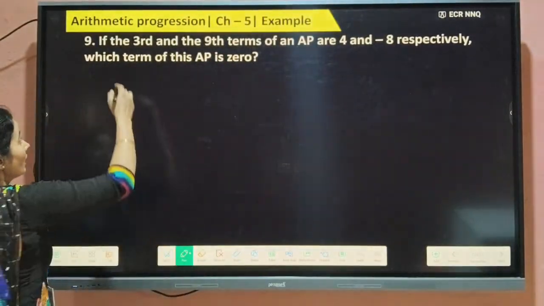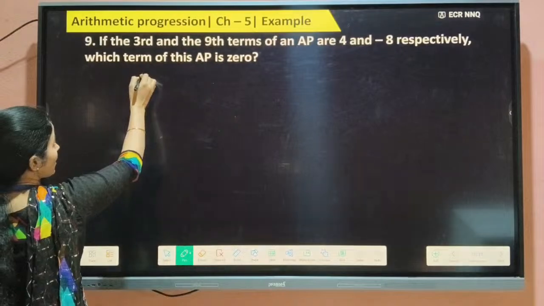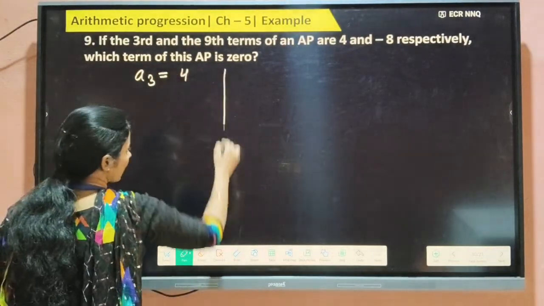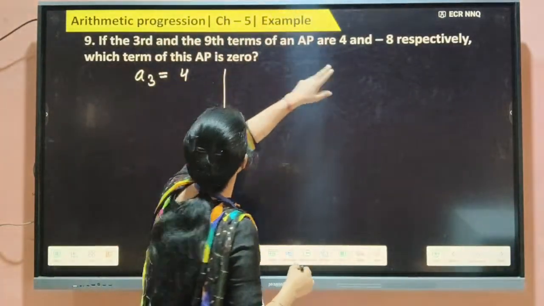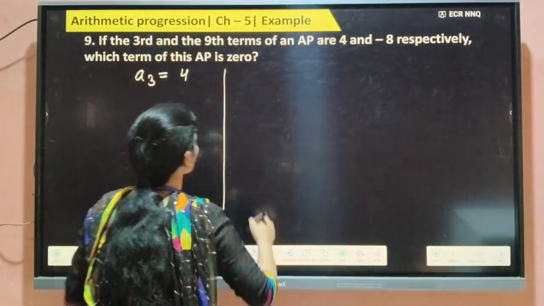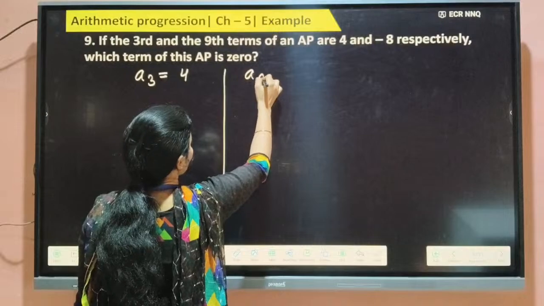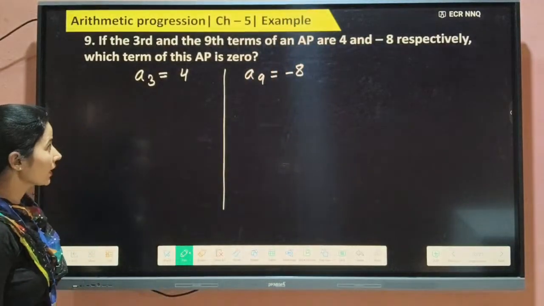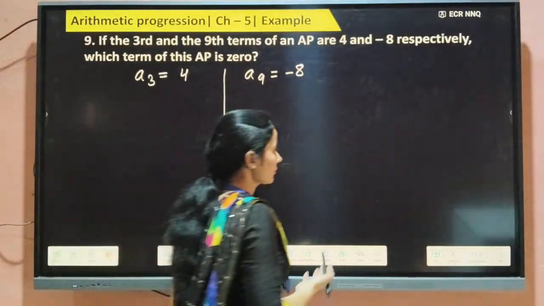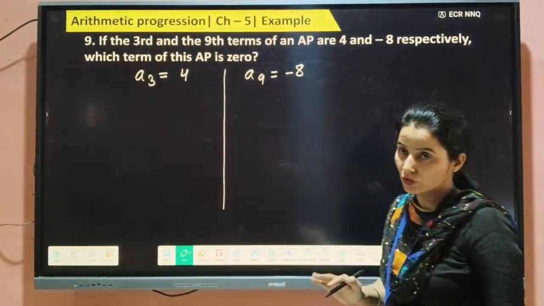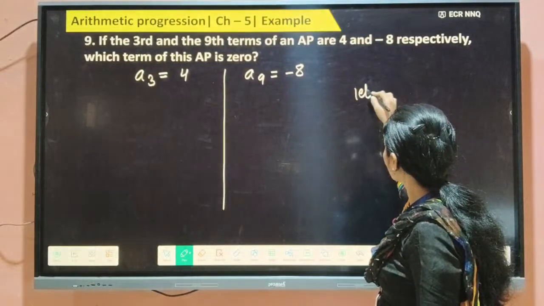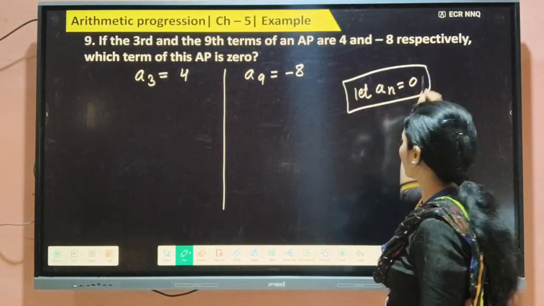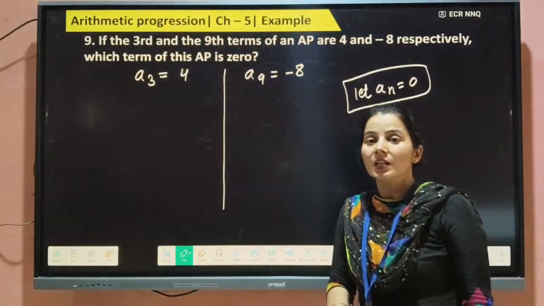Okay. Write down given information. Third term is 4. Respectively, meaning third term is 4 and ninth term is minus 8. A9 is minus 8. So I need to check which term of this AP will be 0. Let us consider nth term of this AP will be 0.